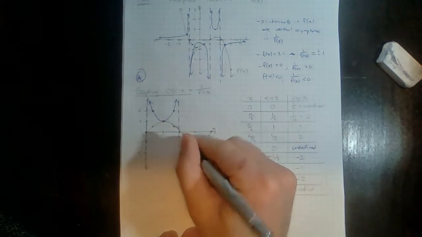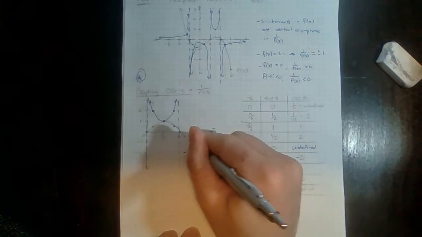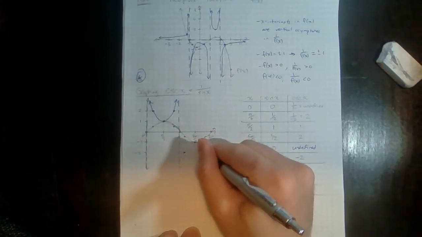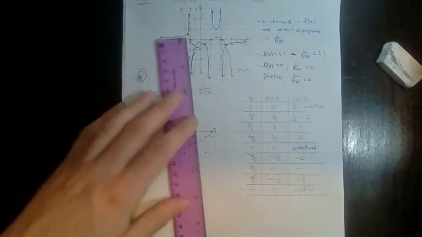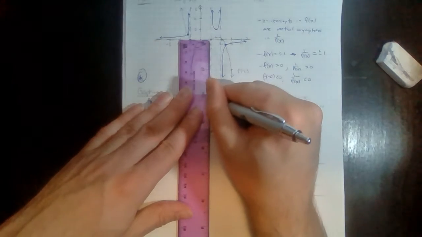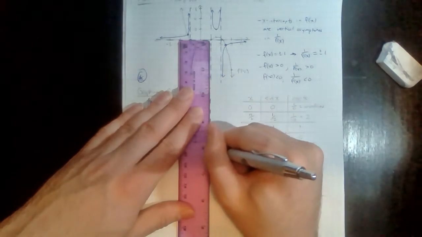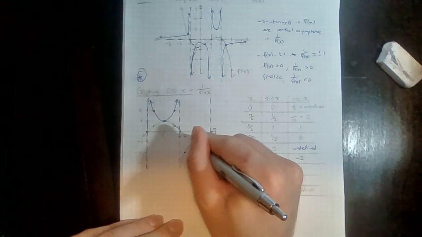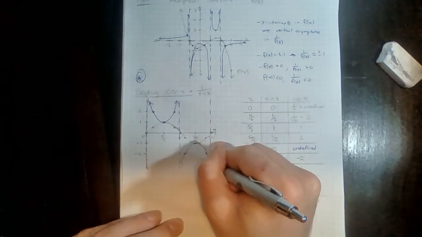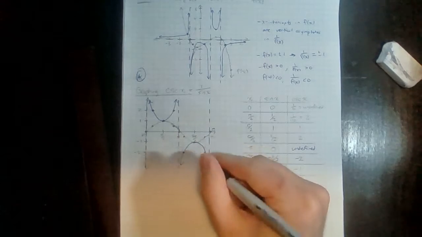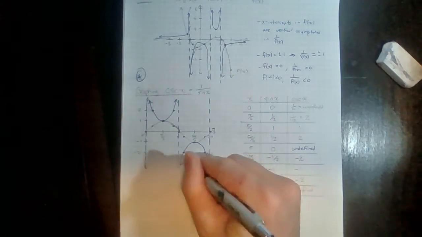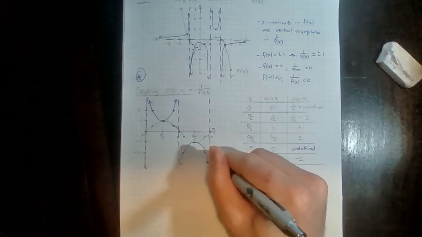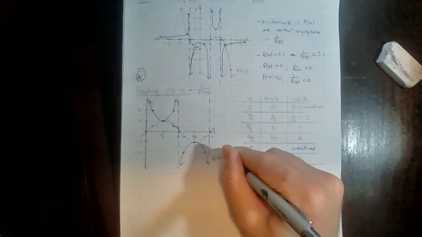So we can plug these points in. So this is going to be, in the blue, our function f of x equals cosecant x.